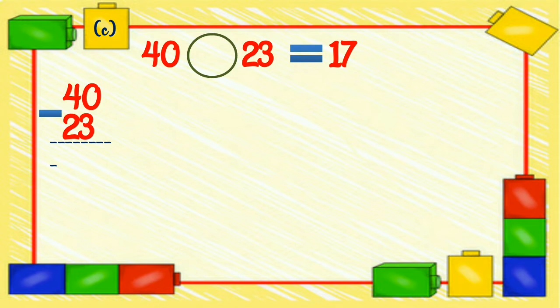Firstly, we write 40 minus 23 and take the first digit from our right side. Now we have to subtract 3 from 0. But it is not possible, so we have to borrow from 4.